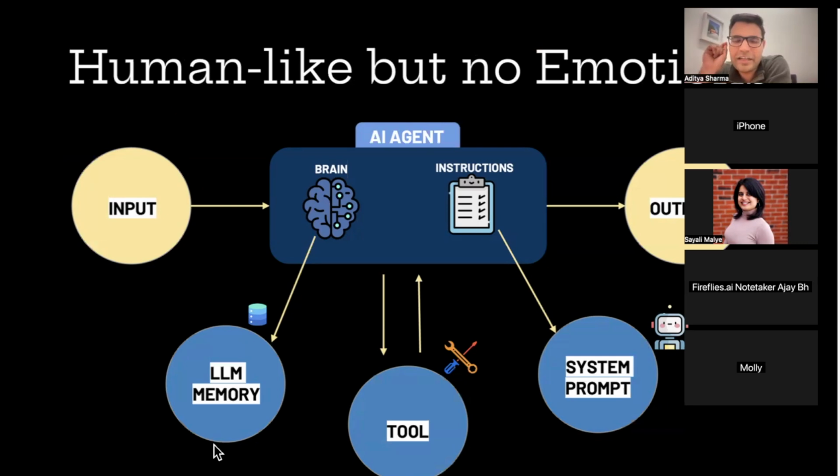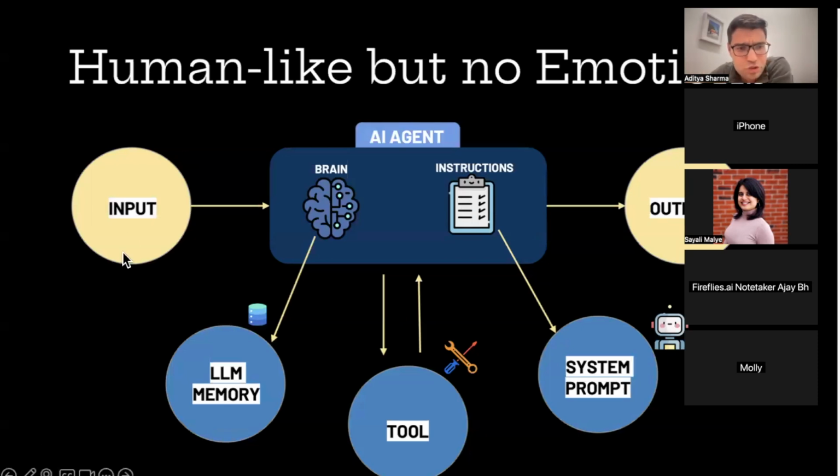Just think of it as a human with no emotion, doing work at 100x more speed. Every agent that we are going to build in the future has two major components: a brain, and something where it receives instructions.